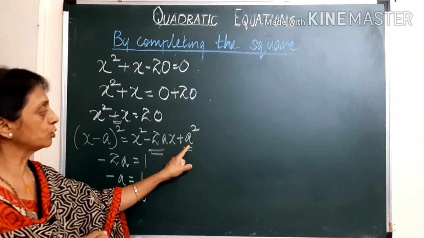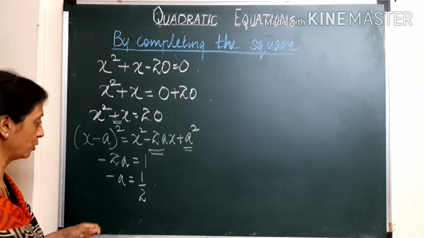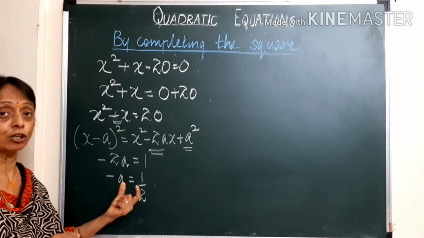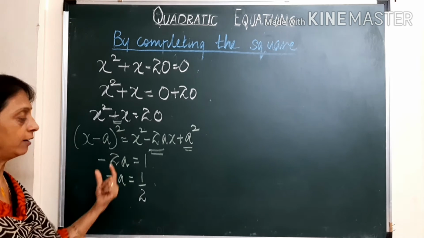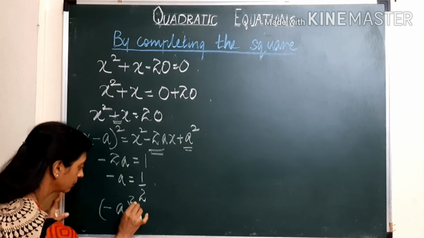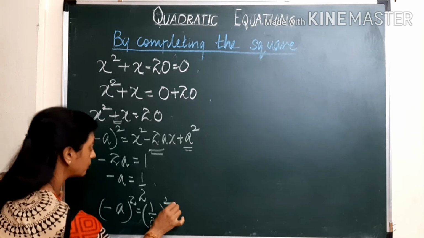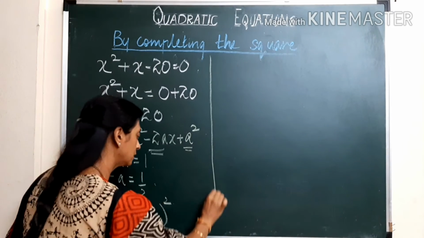What do we do to get a square? Definitely we'll have to square this. So whatever you do on the left hand side should also be done on the right hand side. So squaring both the sides. Let me continue over here.